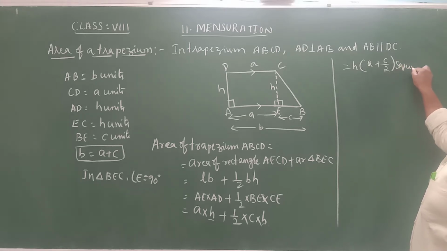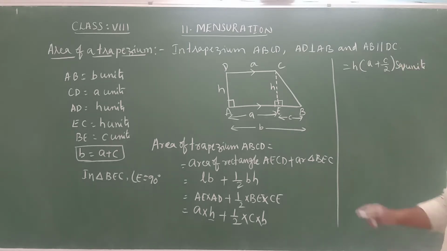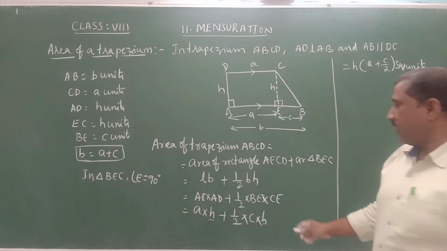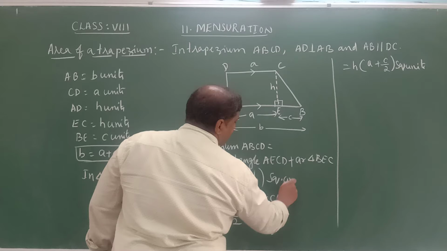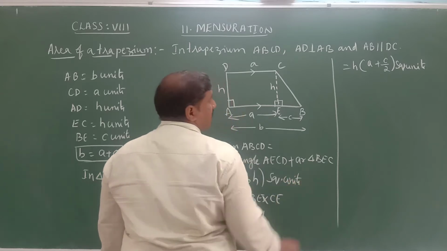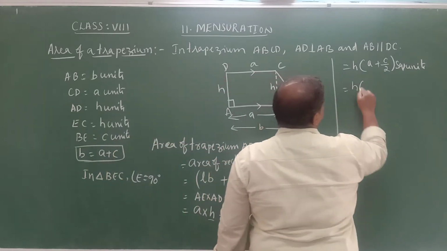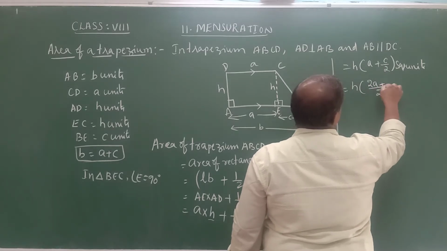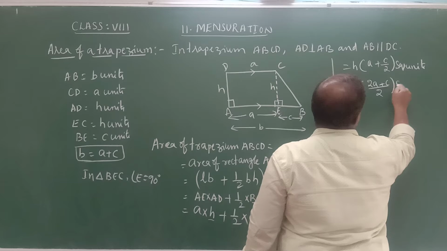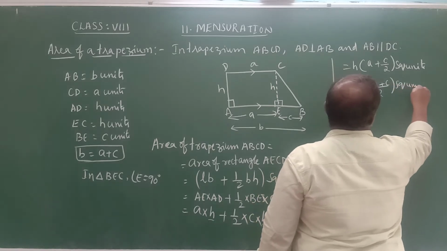We are finding area here, therefore the units will always be square units. Now take LCM inside the brackets. 2 is the LCM, so 2A plus C square units.